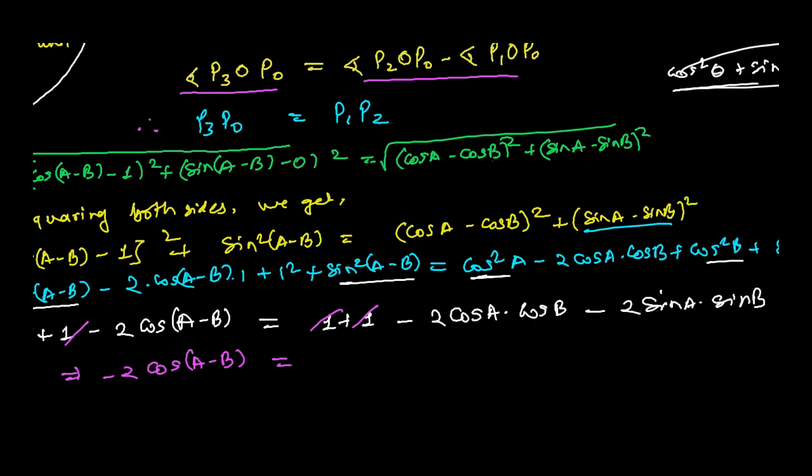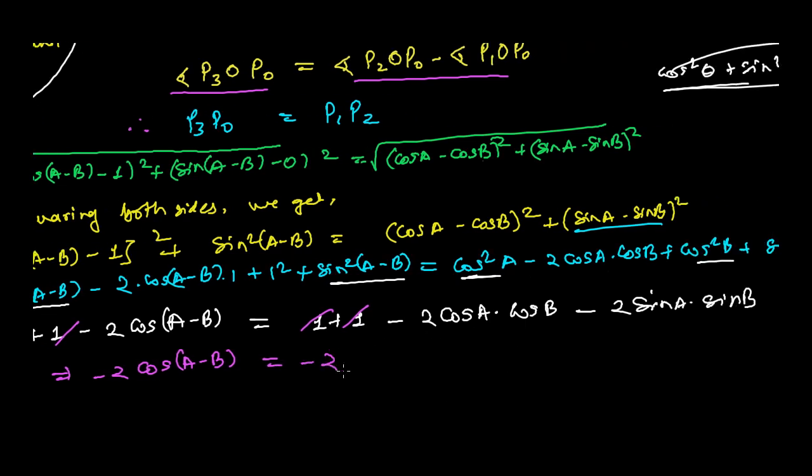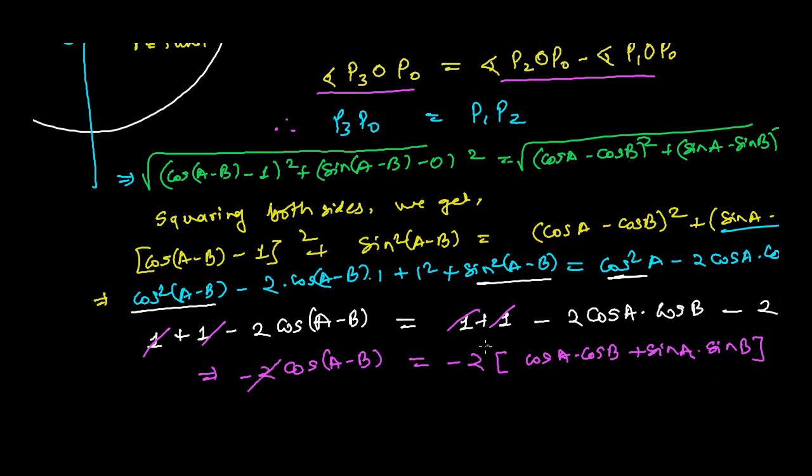Further we can cancel the 2 also, but first I'm writing minus 2 cos(a minus b) is equal to, taking minus 2 common outside, minus 2 times cos a cos b plus sine a times sine b. The minus 2 and minus 2 cancel, and finally we get cos(a minus b) equals cos a times cos b plus sine a times sine b.